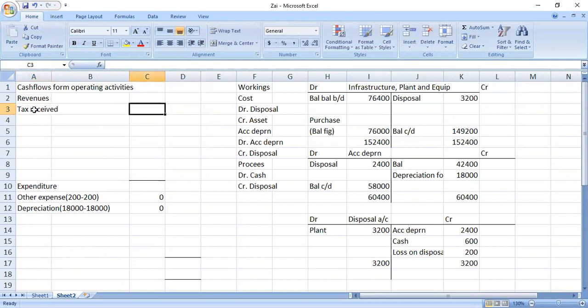How much was it? It was 1.22, so come here under our revenues and you say 1.22, 600. 6,000. Okay, so you're done with that.